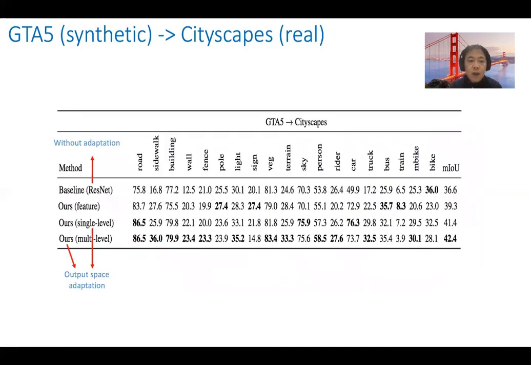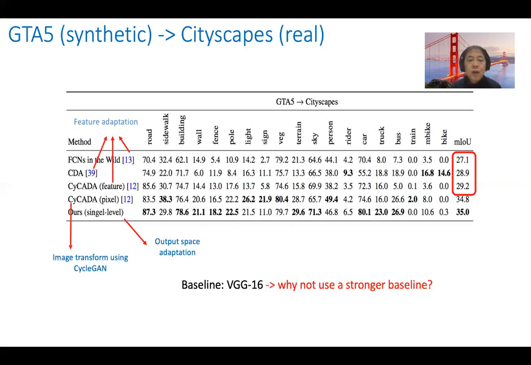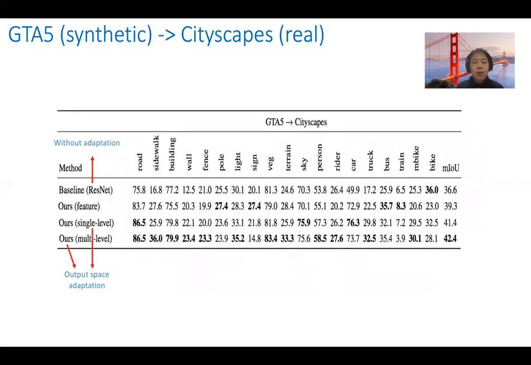Here we use VGG16, and we can also use a stronger backbone network. Here are results that we obtain using ResNet. Again, we can use our method with single level or multiple levels, and we obtain significant performance gain.